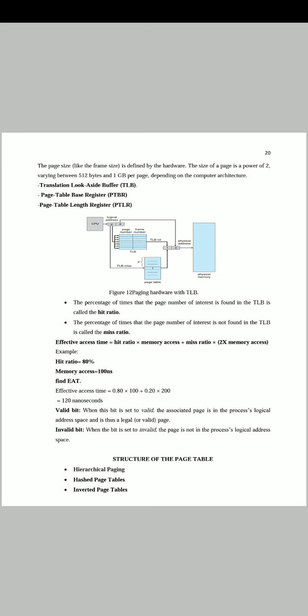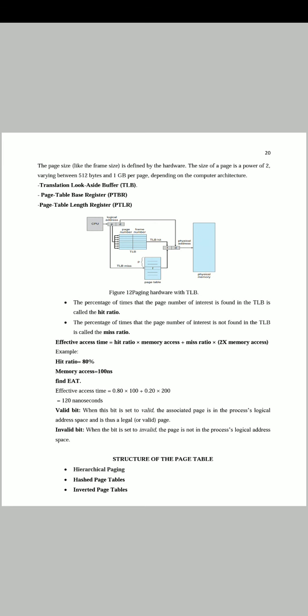In this example they have given the hit ratio as 80%; they will give either the hit ratio or the miss ratio. When I say hit ratio is 80%, definitely 20% is your miss ratio. Memory access, they have given as 100 nanoseconds. That is how much time it takes to access particular data.